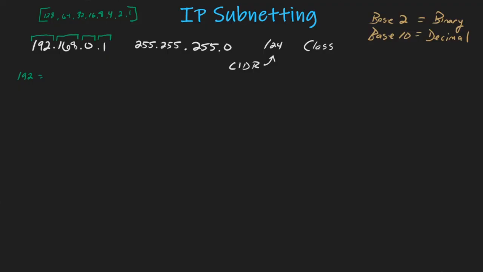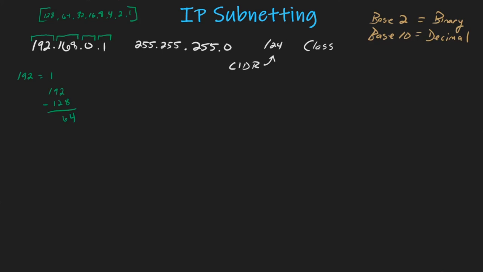So if we look at 192, we know that we can fit 128 in it. So let's go ahead and do 192 minus 128. And that would be 64. So we have 64 left, right? So we're going to go ahead and put a 1 in this 128th spot. Or up here, we'll write it, right?